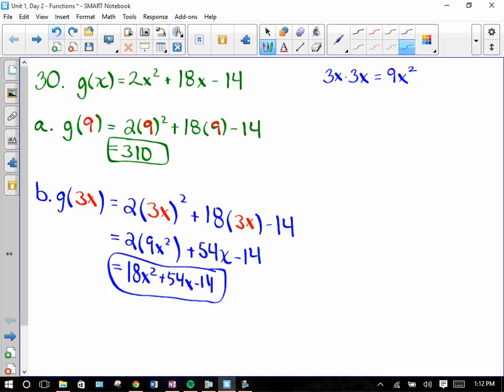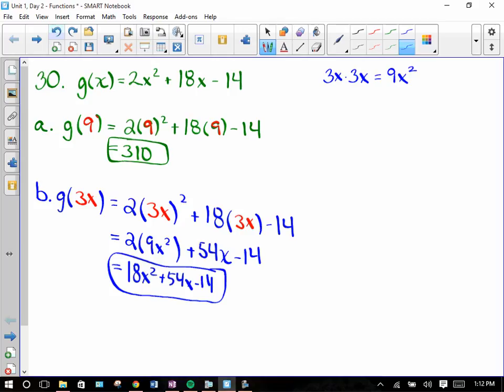The last time someone stored 5 as x, that means x is 5. So if you were to type this into your calculator, it would just be 18 times 5 squared plus 54 times 5 minus 14. So it all depends on what x is.